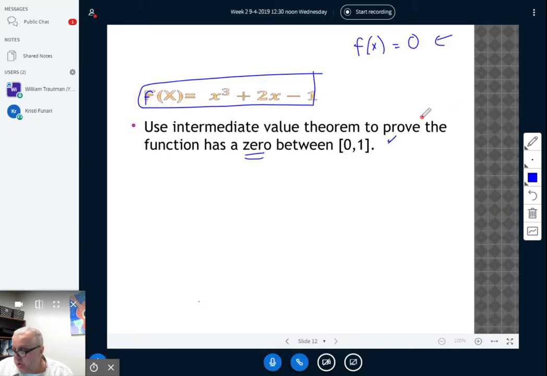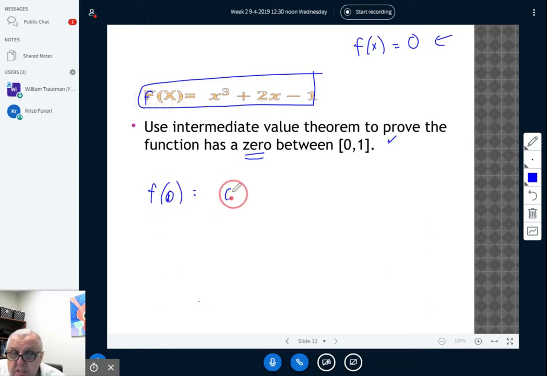So how do you show this on a test? Well, one way of doing this, and this is the way we do it for our test, first plug in 0 into the function. 0 to the third plus 2 times 0 minus 1. When you do the math, you get -1.